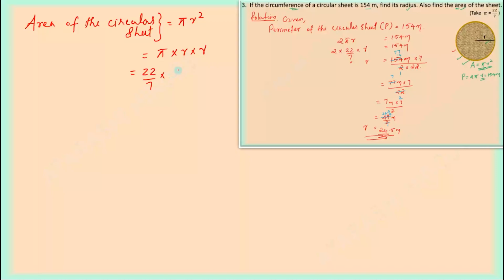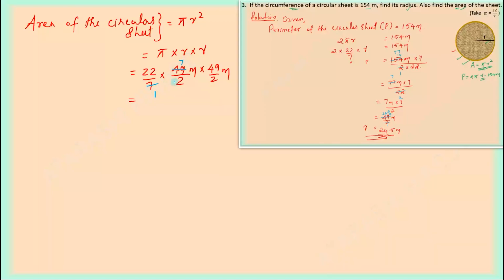Here I am writing 49 by 2 meter into 49 by 2 meter, because it will be a bit easy to do simplification. Here we can cancel 7 and 49. 7 divided by 7 is 1. 7 sevens are 49.